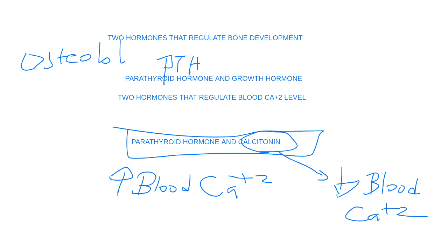If they make the bone matrix, do you think they're going to use up bone calcium, or use calcium or not? What do you think? And then osteoclast. These are two important cells, right?